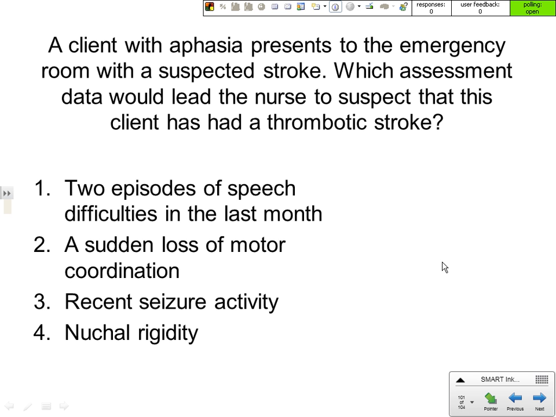Okay, client with aphasia presents to the emergency room with a suspected stroke.